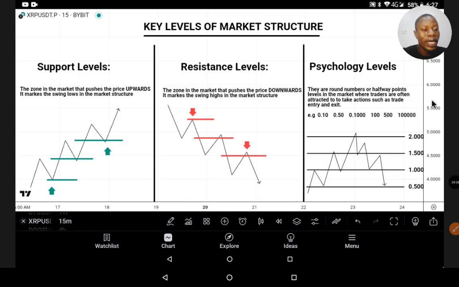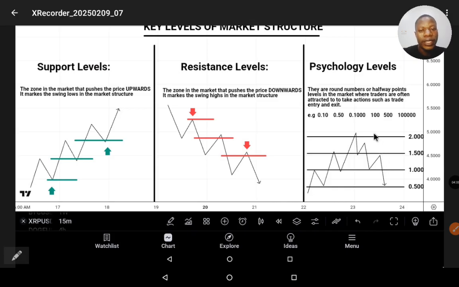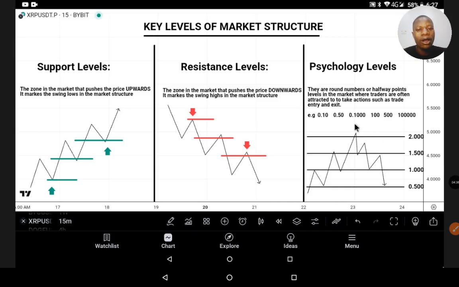If you check your chart on TradingView, it's usually rounded up to the nearest whole number. I think I showed you how you can make it appear on your chart if you are using TradingView by going to the settings, then going to chart. You see the horizontal line, just give it color and it will be there. So these are the key levels of market structure.